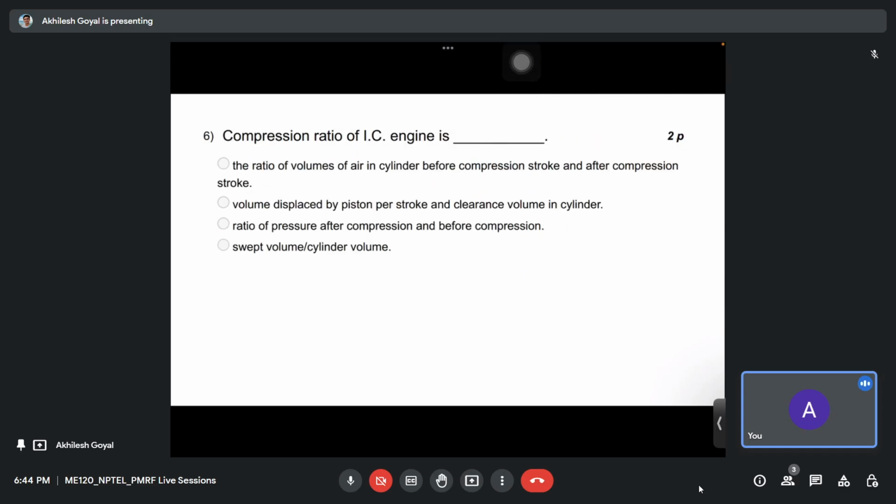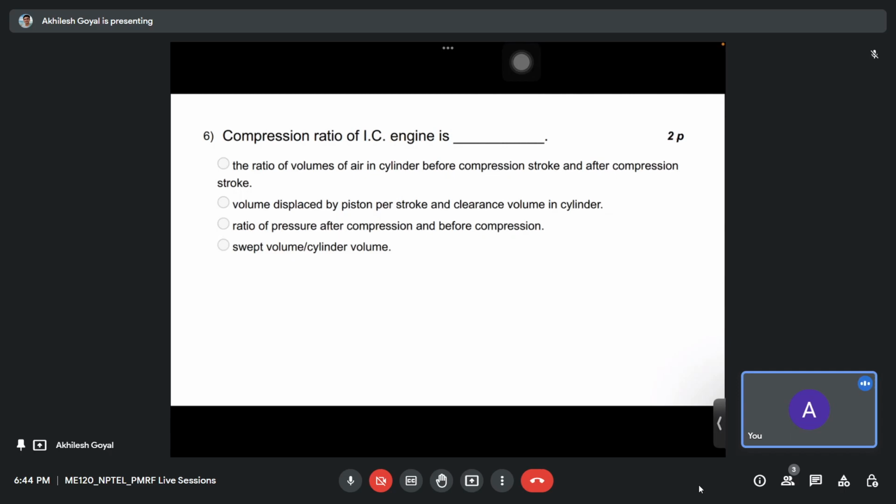Now the next question is, compression ratio of IC engine is... So what is the compression ratio of IC engine? It is the ratio between the volume before the start of compression and the volume after the completion of compression.